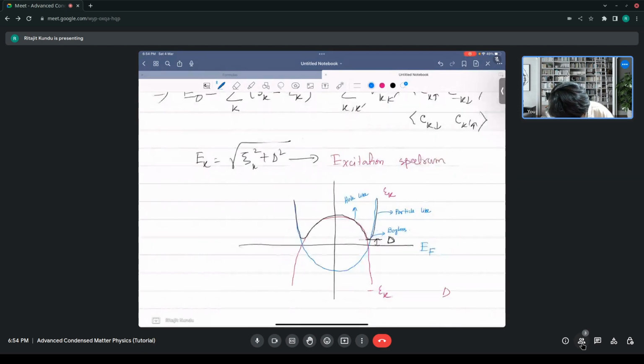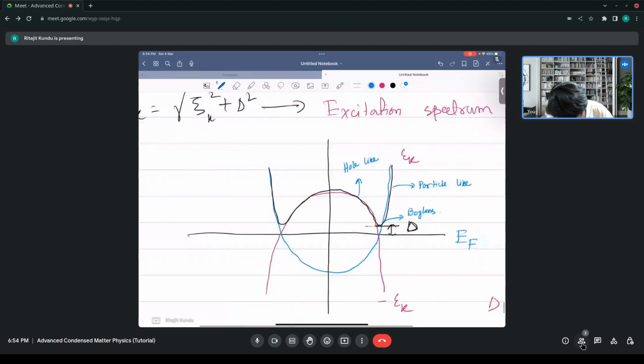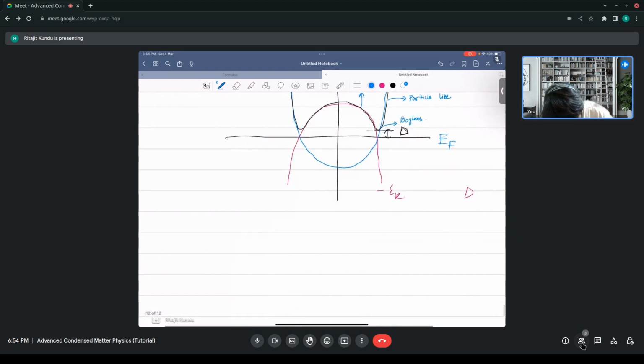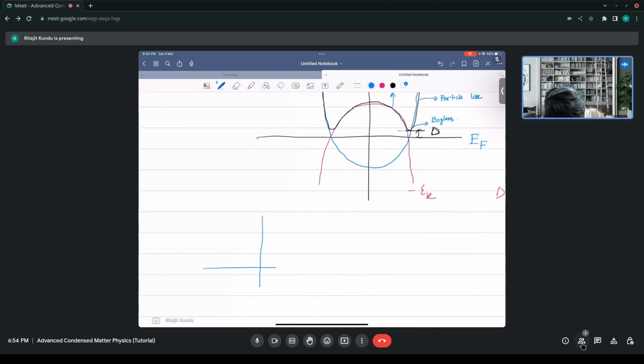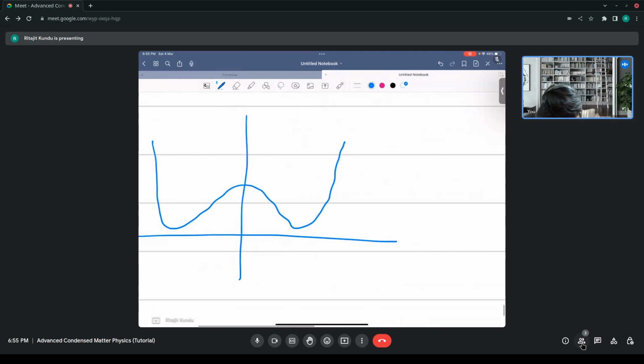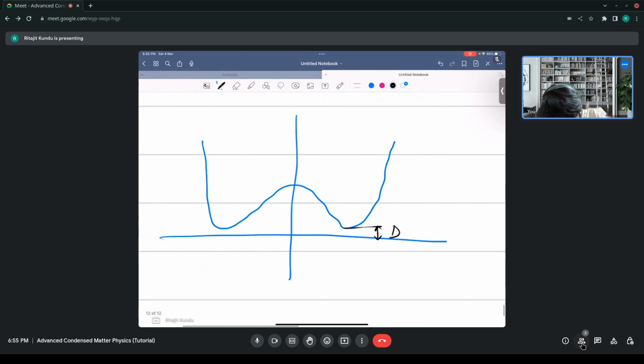Yes. So let me now draw it in a different diagram. This is the gap, and this is our ground state energy, E naught. Now you see that to excite a particle, we need to provide at least this delta amount of energy.